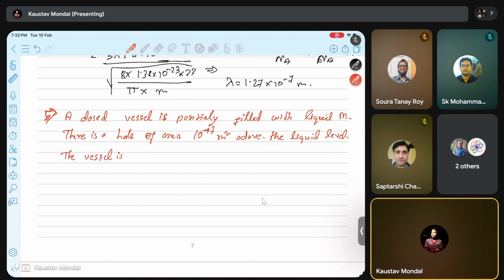So that means outside the vessel there is basically no air, the pressure is very low.